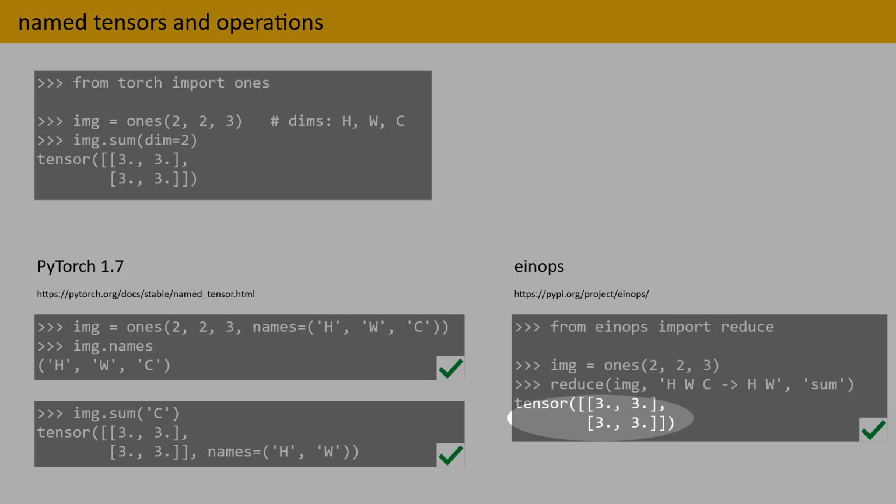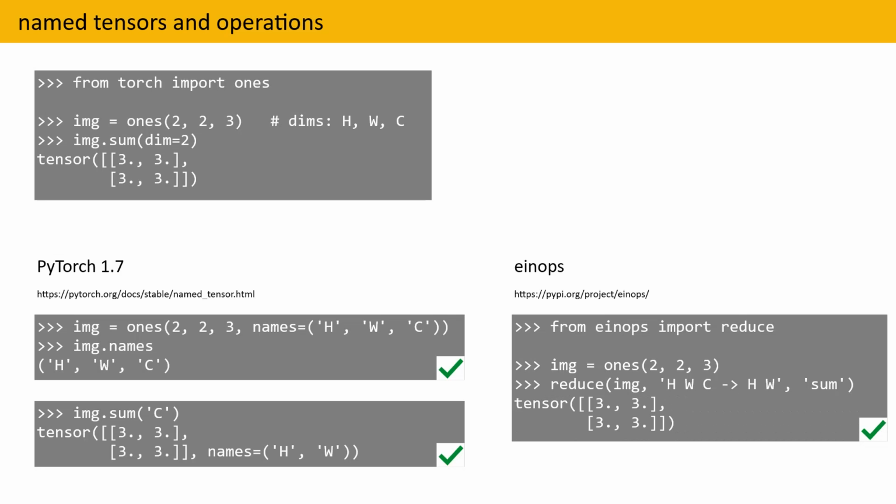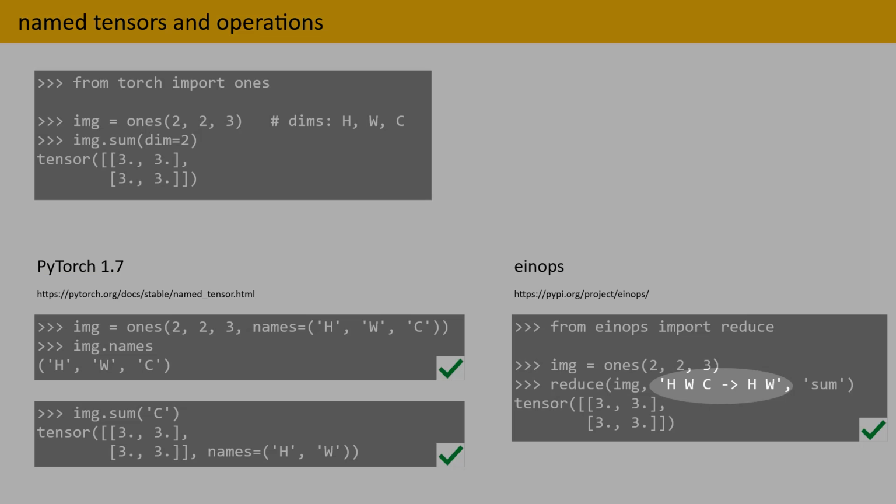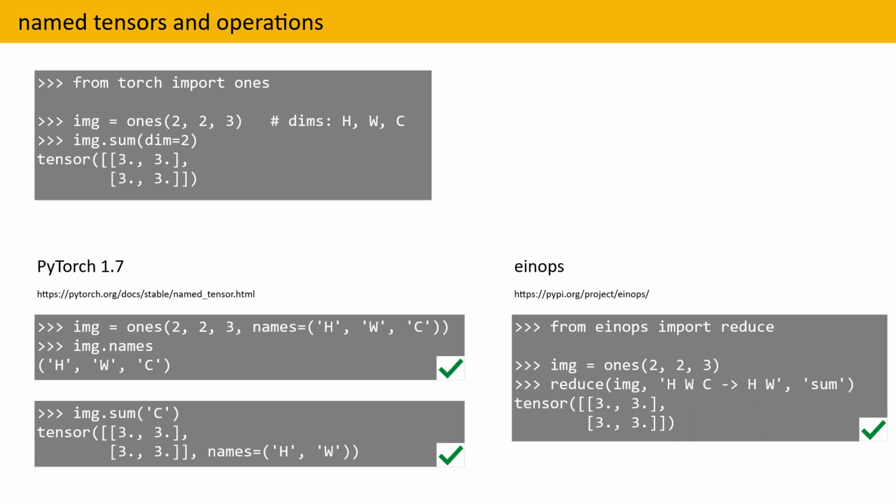Note that the dimensions of the output tensor are not named, but that the reduce transformation is using names, which makes the operation very readable. The einops library has the advantage that it simplifies many tensor operations, makes them much more readable, and works with various backends such as PyTorch, Keras, and TensorFlow.